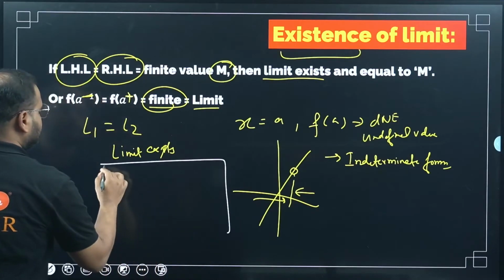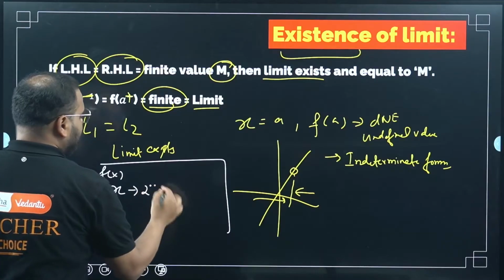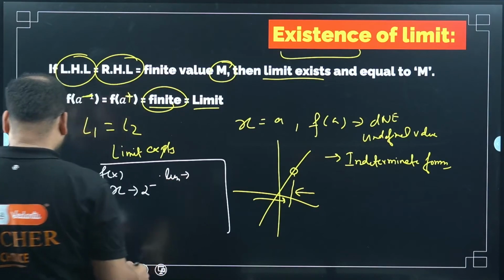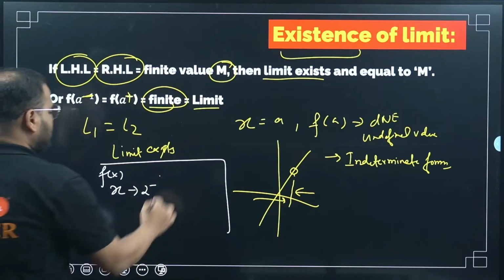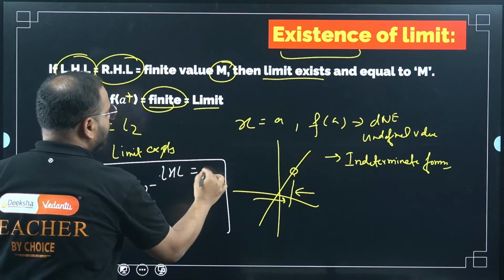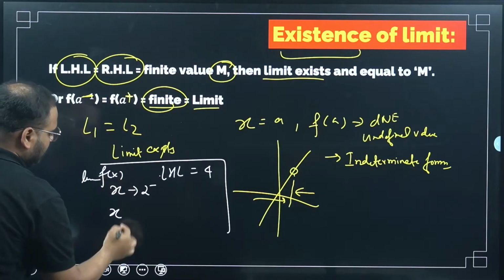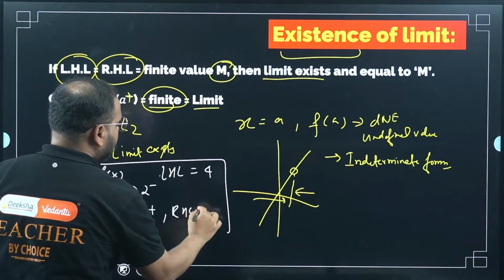For this function f(x), when I was trying to reach x to 2 minus, I got the limit L1, or LHL, to be equal to 4. When I approach this function from the positive side, I got RHL to be 4.